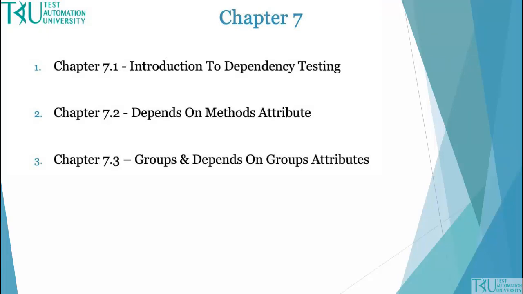Attributes are used to assist annotations with our testing. All three of these attributes can be placed in the configuration annotations and the test annotation. And we are going to cover Introduction to Dependency Testing.